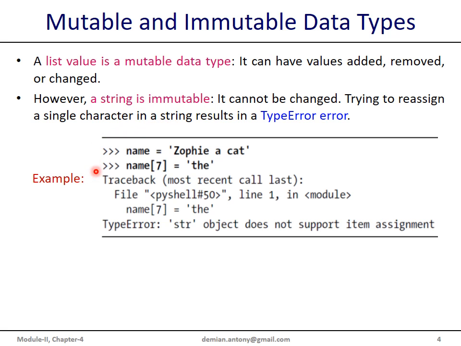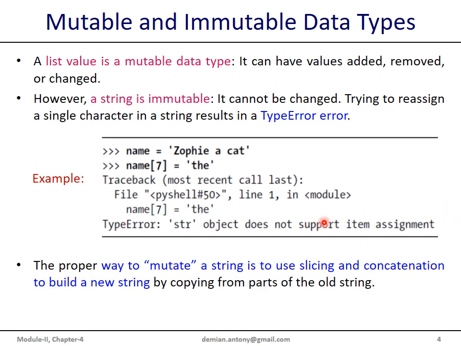Here is an example. This is a string. As I said, string is immutable, and we try to manipulate the item element at index 7, and this leads to error, type error with the appropriate message.